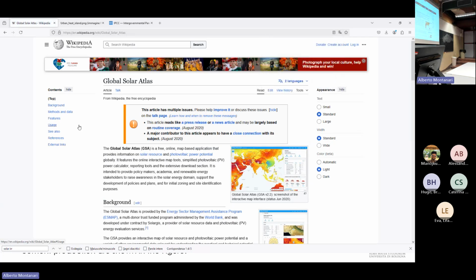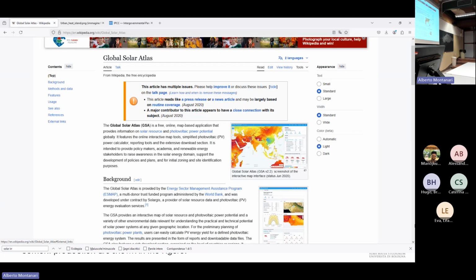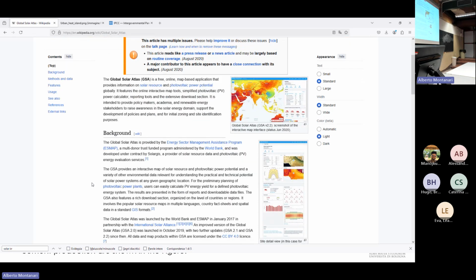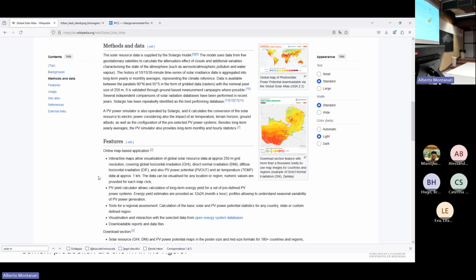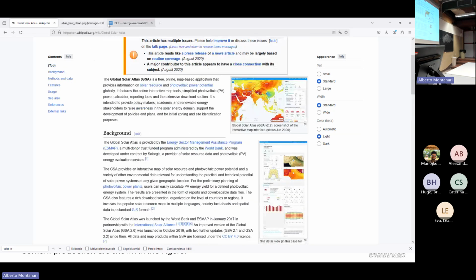So this is a Wikipedia page for the Global Solar Atlas. These maps are very useful for producing solar energy, for renewable energy, because they show the potential in terms of solar energy production, so clean energy production, in the different countries. And here you can see all the data that you need if you are interested in this data, of course.